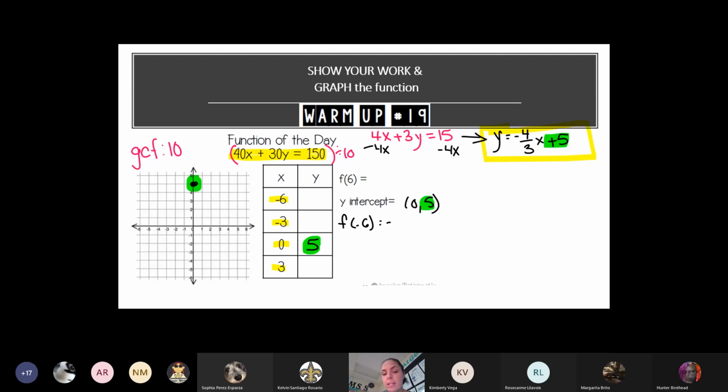So I'm going to have negative 4/3 multiplied by negative 6, plus 5. Remember, negative 4/3 multiplied by 6/1. This is going to cancel out, and this becomes 2. Negative 4 times, and that's a negative, so negative 4 times negative 2 is going to be a positive 8, plus 5 is equal to 13.